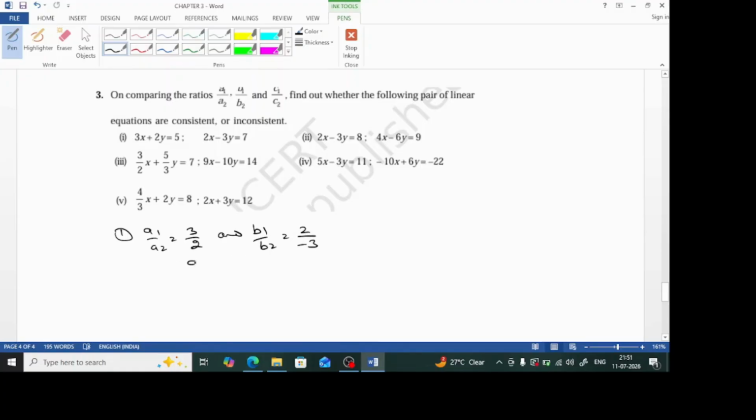Here a1 upon a2 is not equal to b1 upon b2. Therefore, this system is consistent.